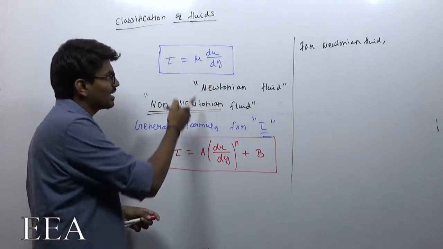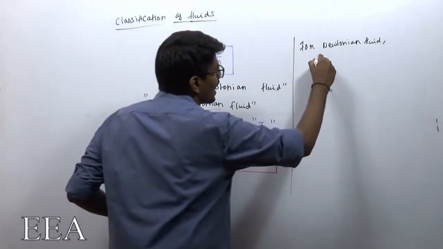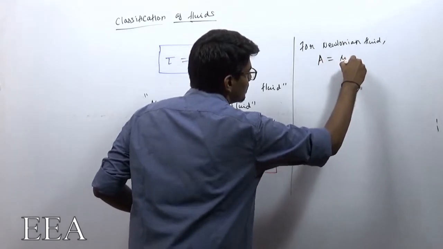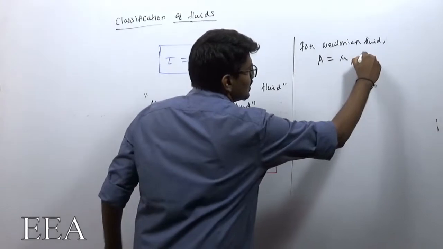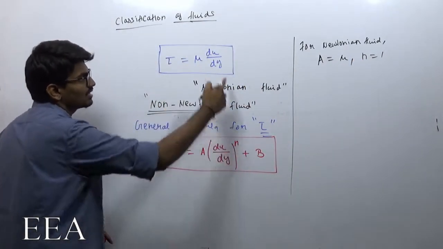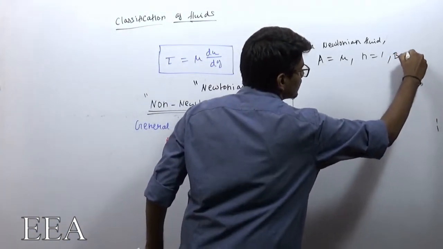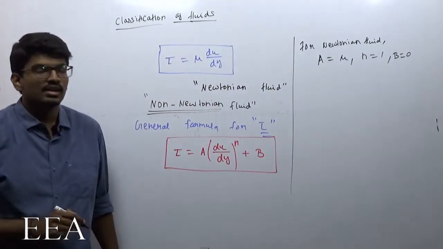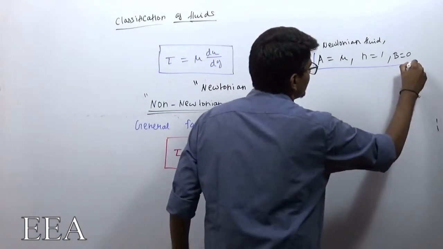Then by comparing these two, I can easily say for Newtonian fluid, A is nothing but mu, n is nothing but 1, and b is nothing but 0. So if these conditions are satisfied, then it is a Newtonian fluid.